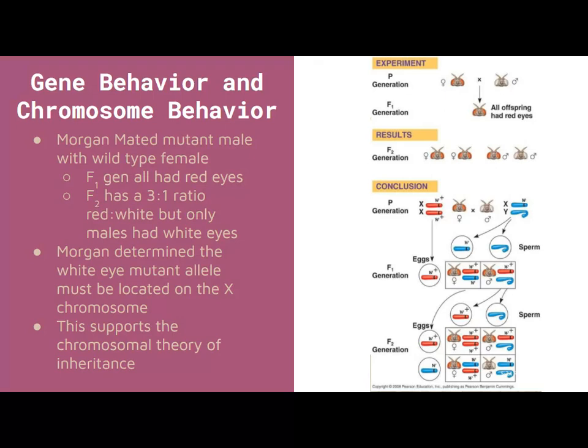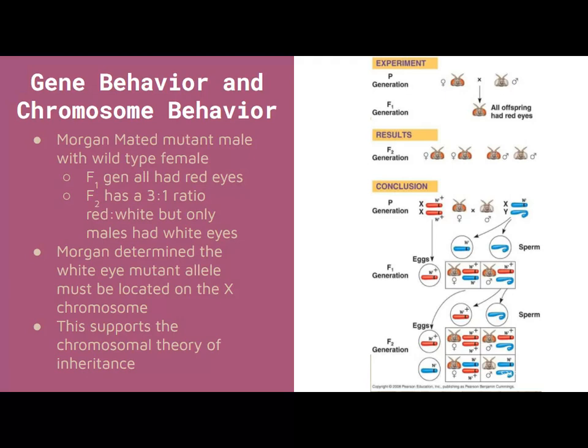Does this tell us whether the wild or mutant type is dominant or recessive? Recessive, because if you cross two together and all of the offspring have one phenotype, we have an F1 generation of all wilds.